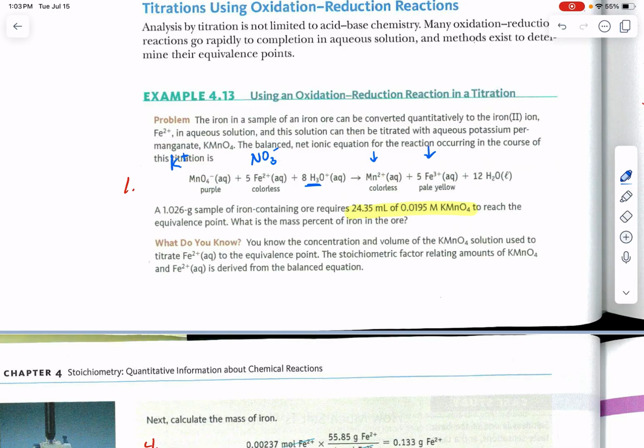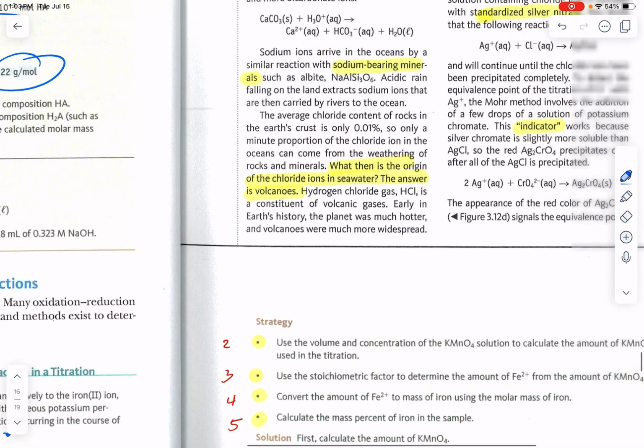And again, balancing redox reactions is kind of complicated, and there are examples in one of the screencasts if you need to go back and review that. Now in this problem, you'll notice again, we're given both the volume, it's in milliliters by the way, and molarity. So you know we're going to be multiplying these two values together.